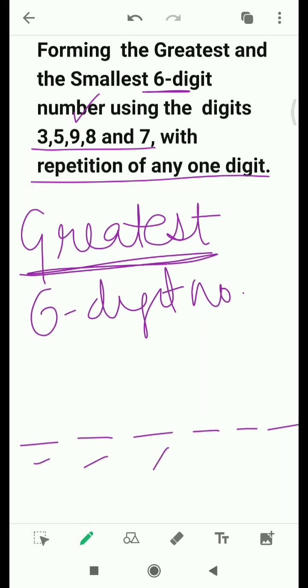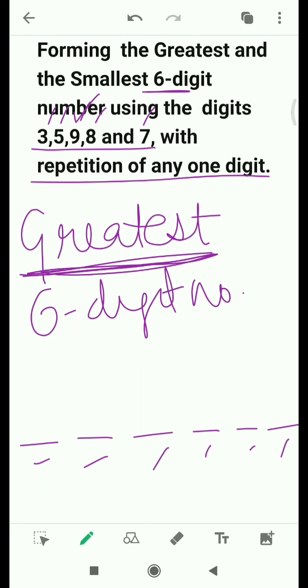But we have only 5 digits. We have one less, so what do we do in that case? We repeat. Now which is the digit we have to repeat?